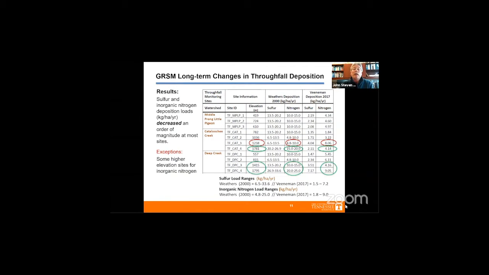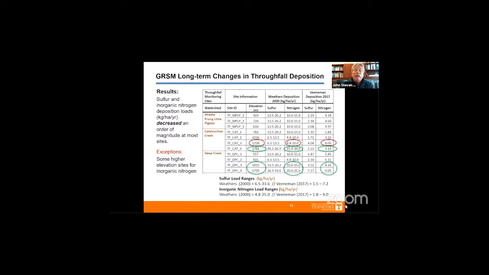And again, just looking at some of the other watersheds in the park, similar, some of the high elevation sites with nitrogen, we saw similar values, but in general, overall, with sulfur and nitrogen, we saw an order of magnitude drop.